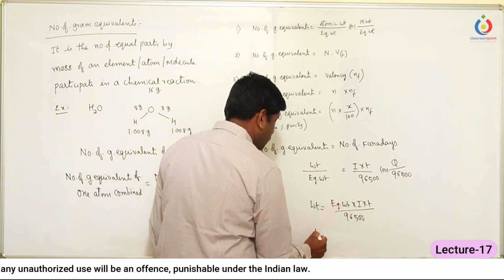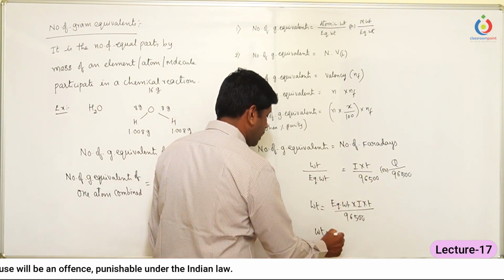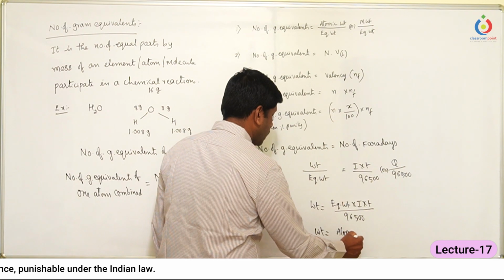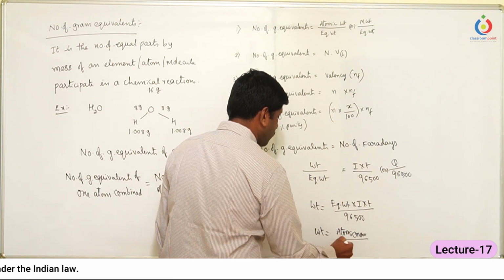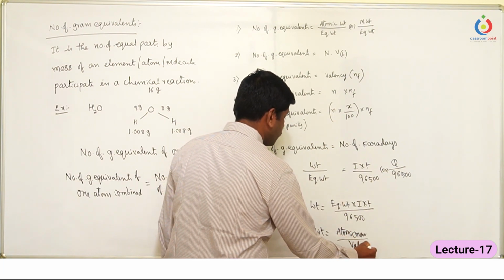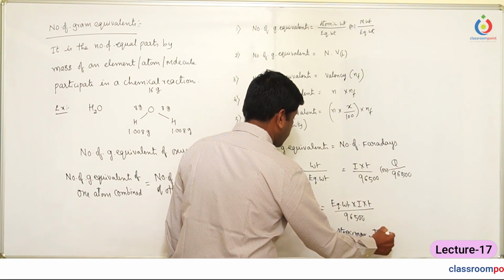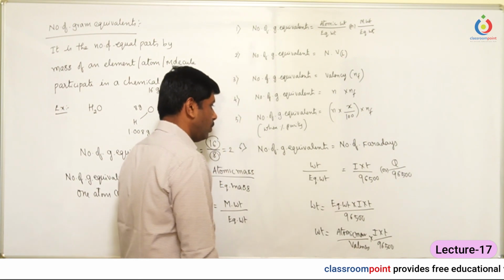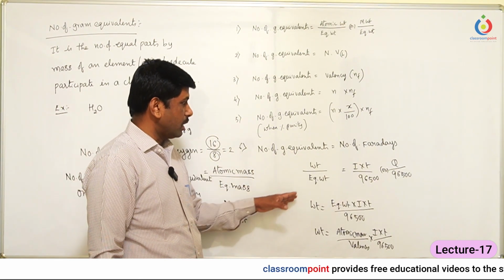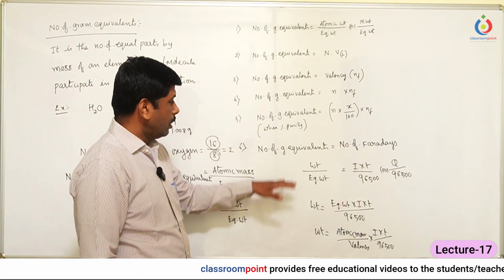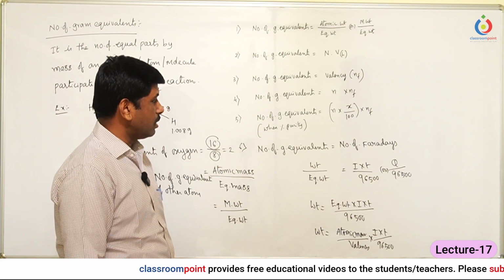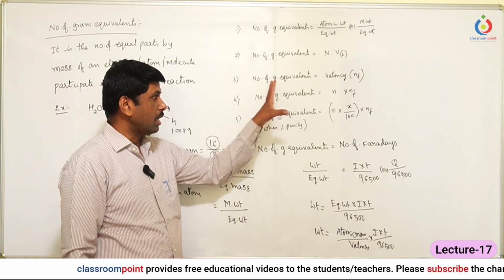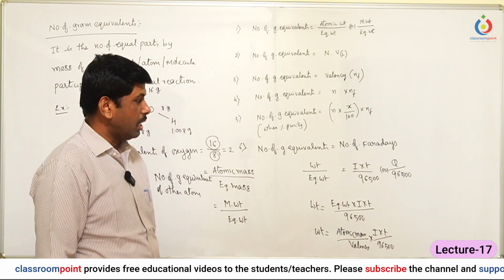And equivalent mass means atomic mass by valency. So atomic mass divided by valency into I into T divided by 96,500 coulombs. So we can solve the question even when the Faradays are given. These are the formulas that help us in solving the questions regarding the number of gram equivalents.